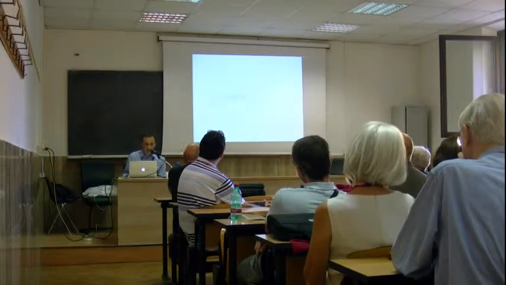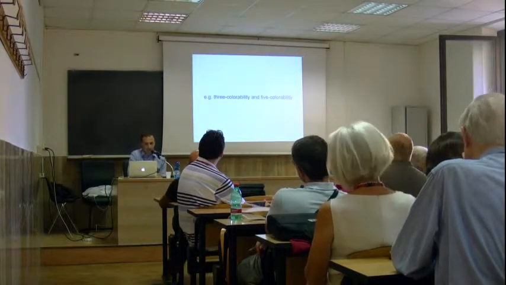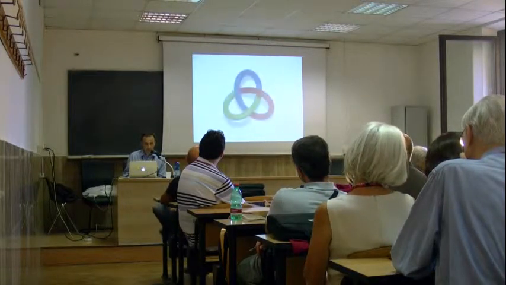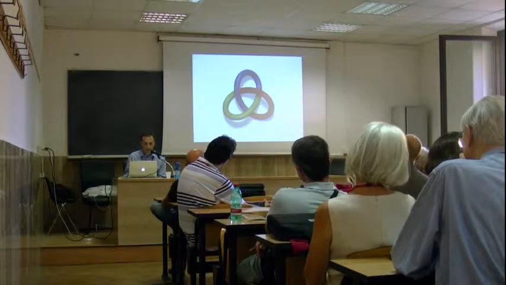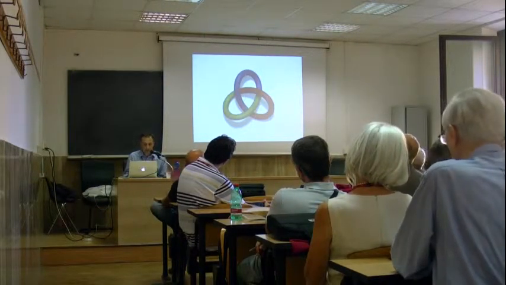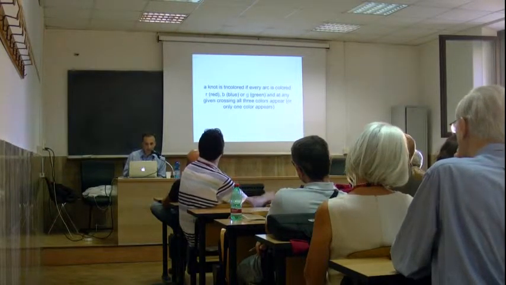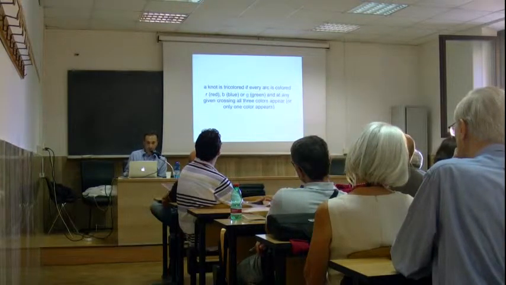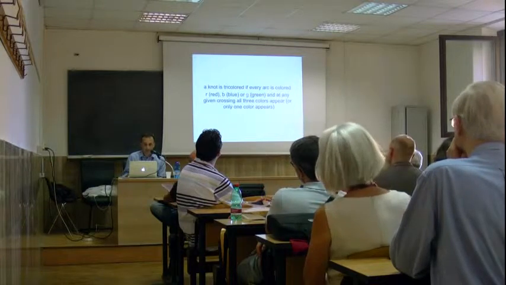But a knot diagram can be discretized. For instance, you can use 3-colorability or 5-colorability. Here you can see an example of a 3-colored knot. And a knot is 3-colored if every arc is colored, for instance, red, blue, and green, and at any given crossing, all 3 colors appear, or only one color appears.